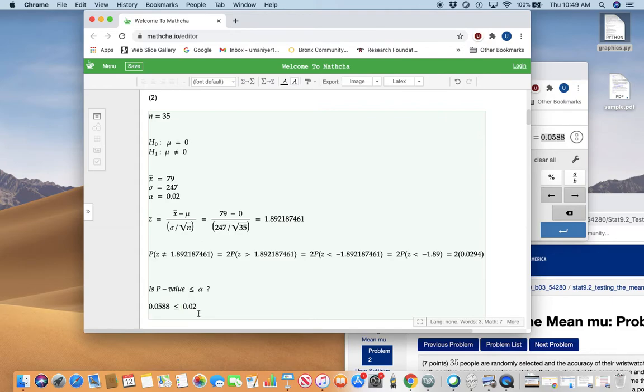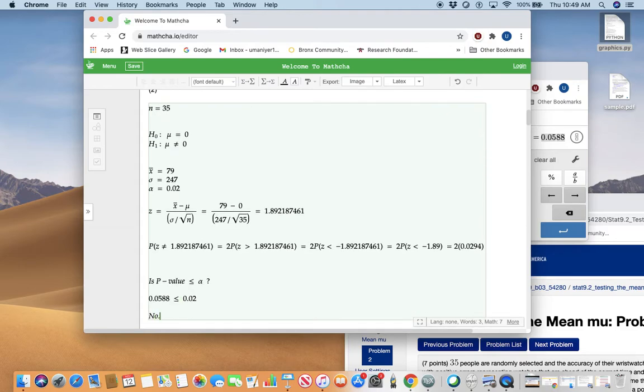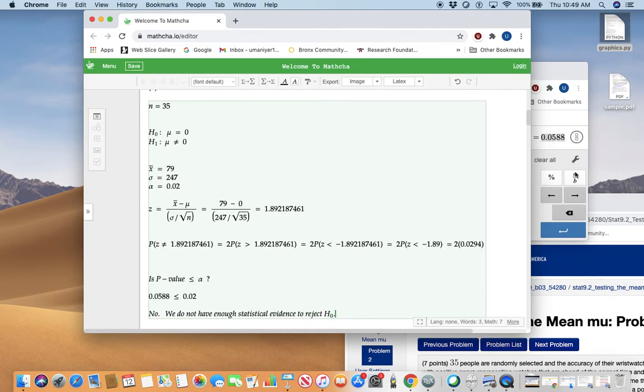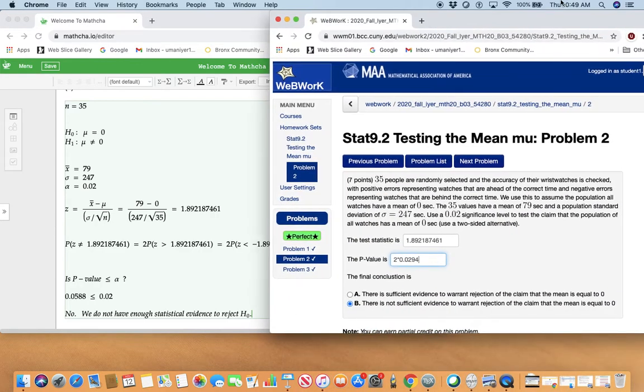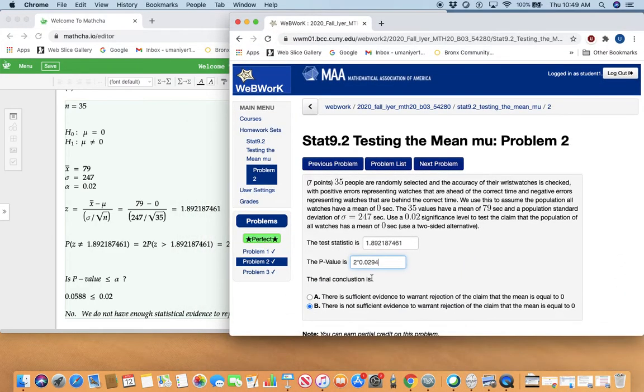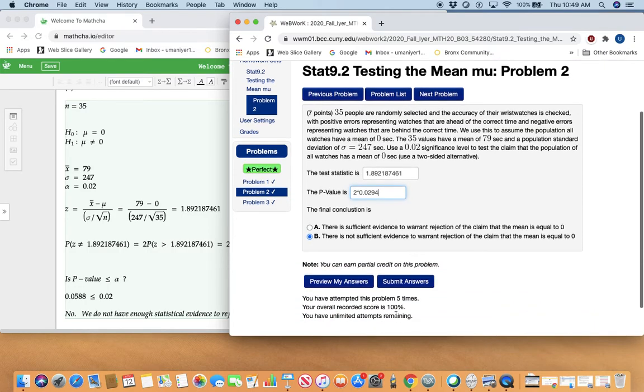So we do not have enough statistical evidence to reject H naught. All right, so let's put all that in. Is there sufficient evidence? No, there is not sufficient evidence. Okay, so that's B for me.